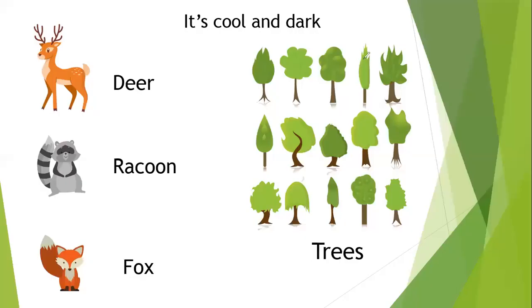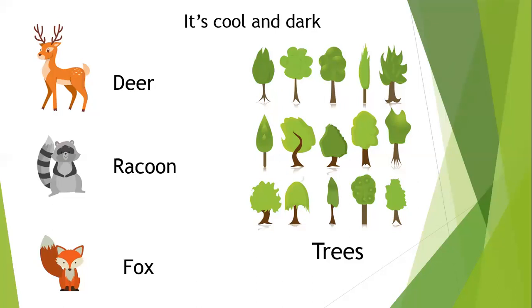So a forest is cool and dark. Why is it cool and dark? Well, it's cool because all of the trees protect the place from the rays of the sun.